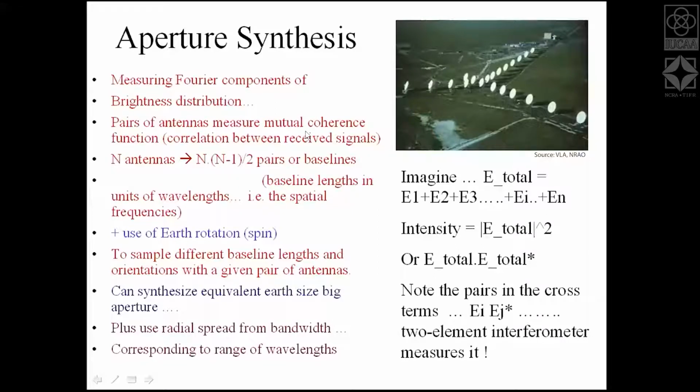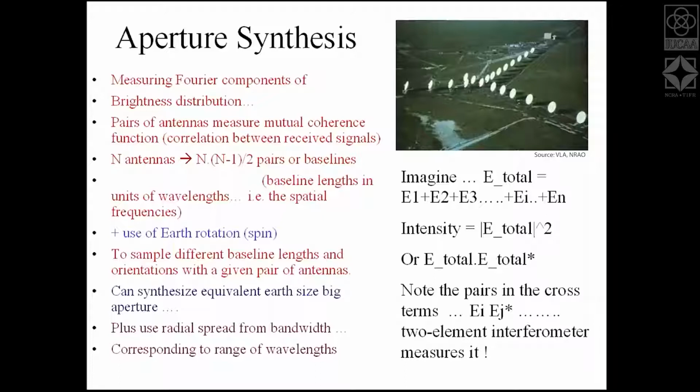It effectively amounts to multiplying the sky brightness by a sinusoid and integrating over the sky and getting one number, which is a result of this product and integration. As you have seen, we will relate that to a Young double slit experiment where you know that you will see a fringe pattern. So the fringe pattern is exactly the equivalent of this sinusoidal pattern I'm referring to.